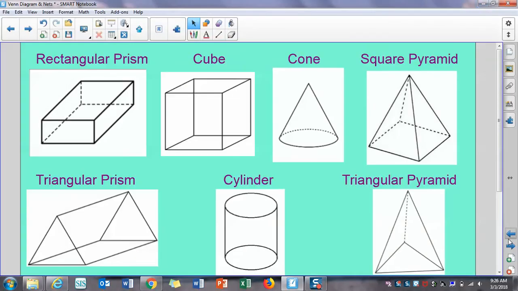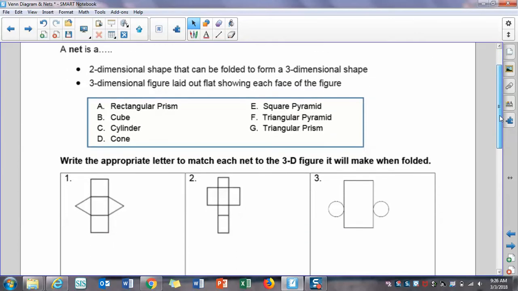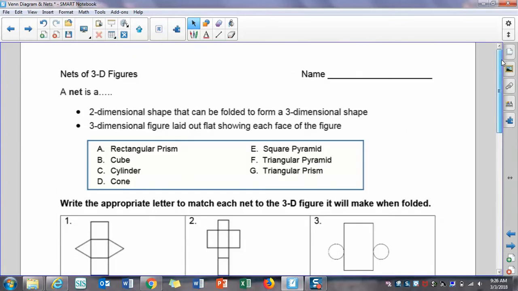So now go ahead and complete your practice here and identify each of these nets with the appropriate name. Once you have done that, please go ahead and check with the rest of the video. So go ahead and pause the video at this time to complete this practice.